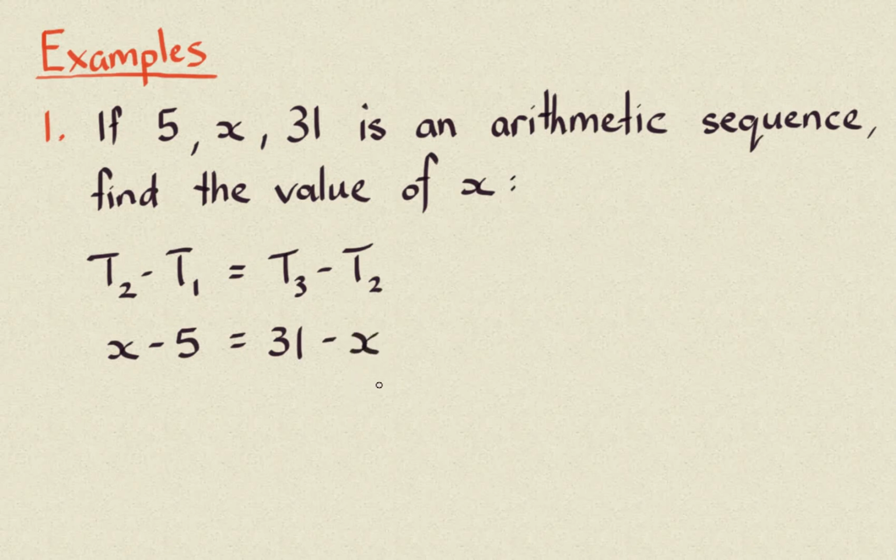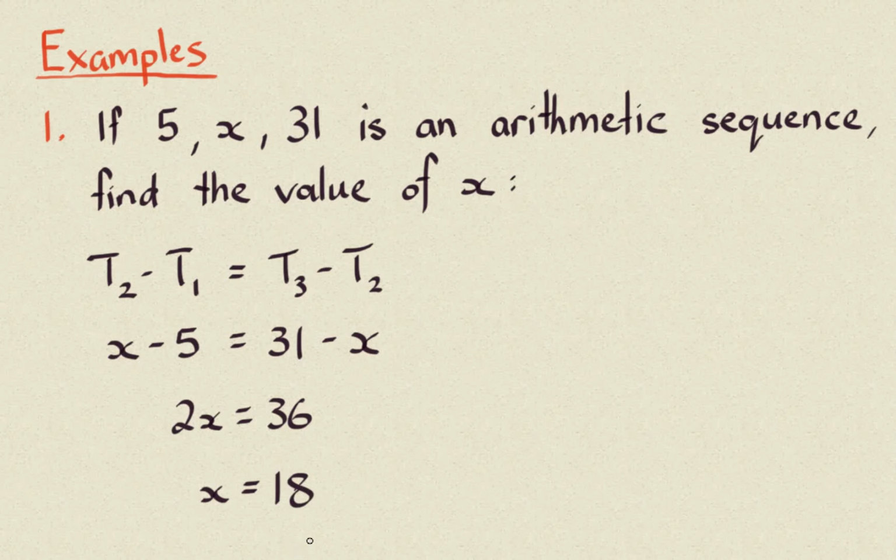And now we have a simple equation to solve. So let's add x to both sides and get 2x, and we'll add 5 to both sides, make this 36, and then dividing both sides by 2, we see that x must be 18.